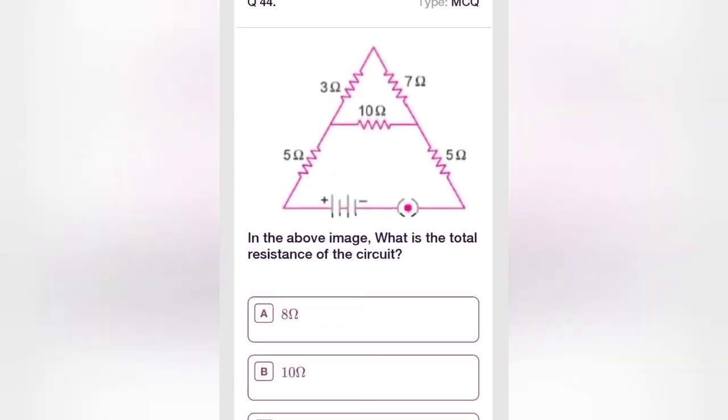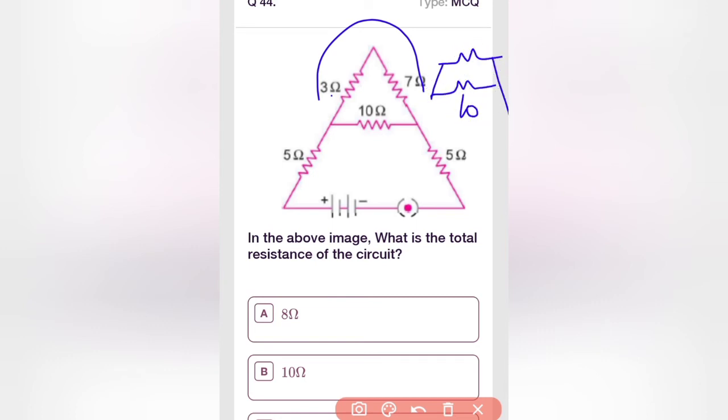Here in the above image, what is the total resistance of the circuit? See, these two resistances are connected in series, so it becomes 7 plus 3, it is 10. And this 10 ohm resistor is parallel with another 10 ohm resistor which is over here.